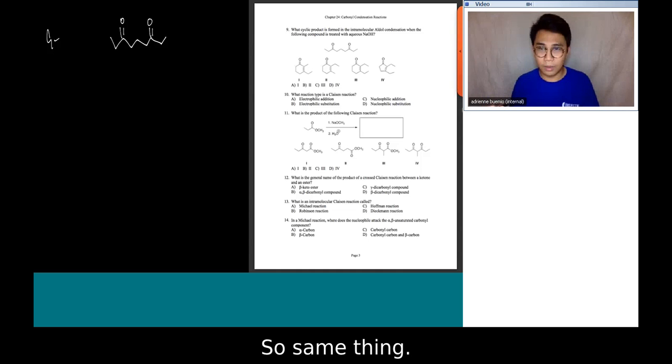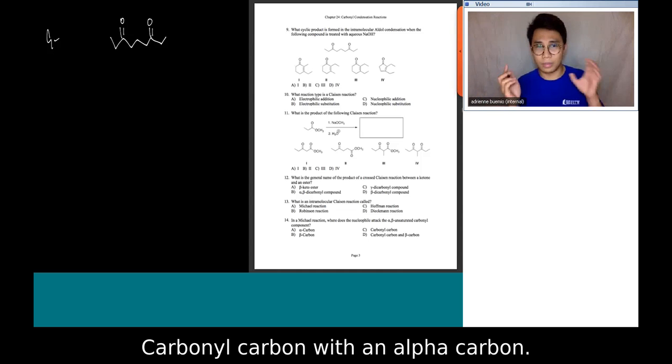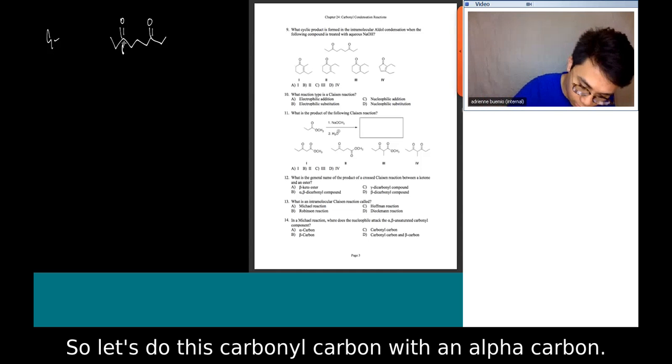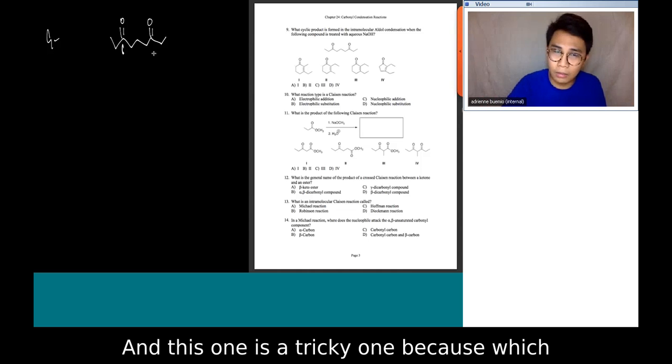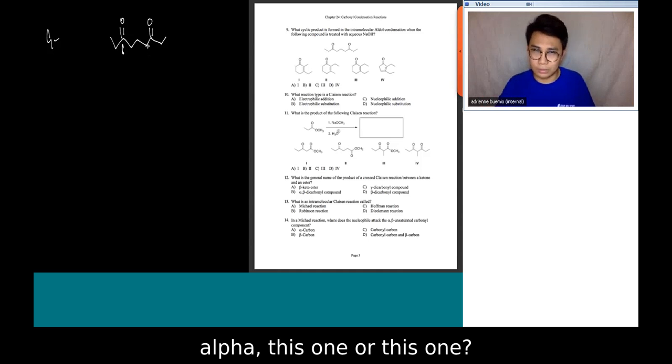So same concept, carbonyl carbon with an alpha carbon. So let's do this carbonyl carbon with an alpha carbon, right? And this one is a tricky one because which alpha, this one or this one, right?